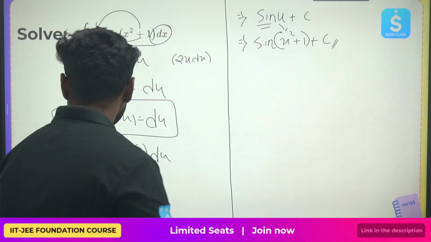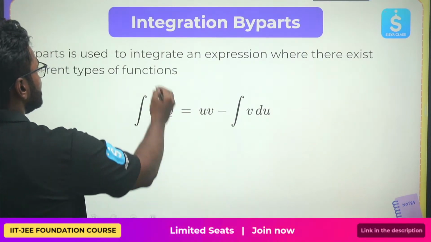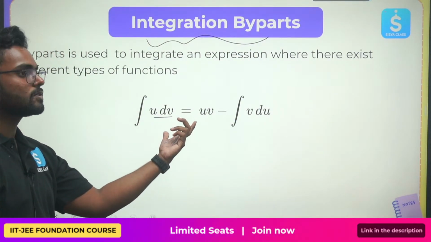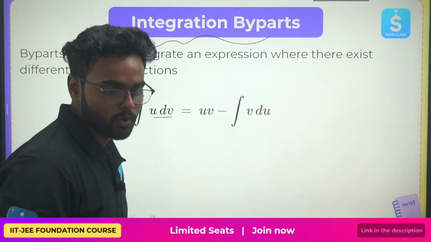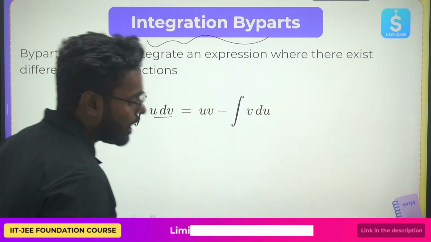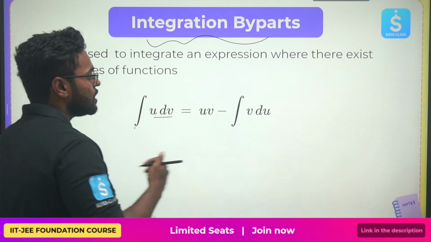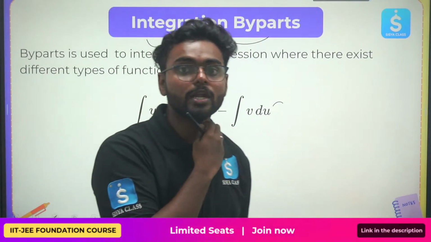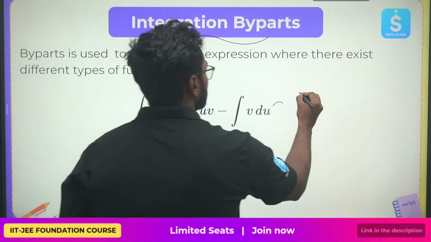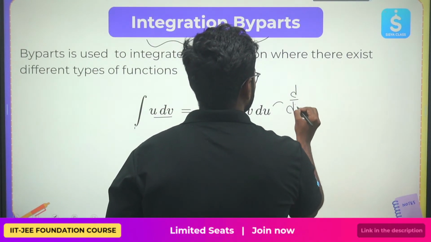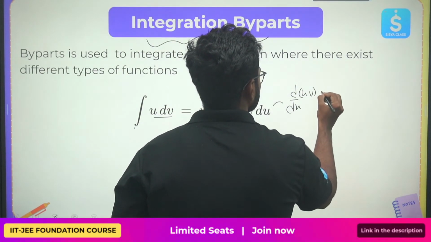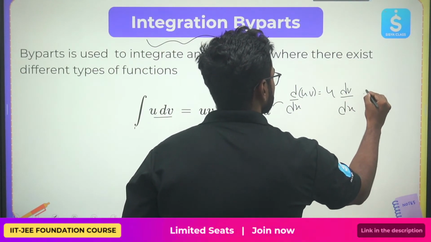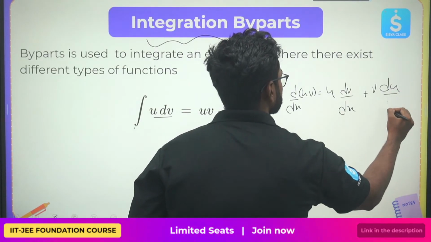Right? Now coming to integration by parts. The formula is integral u dv is equal to uv minus integral of v du. How did we get this? Let me tell you. Did you know the uv formula of differentiation? d by dx of uv is equal to u into dv by dx plus v into du by dx.